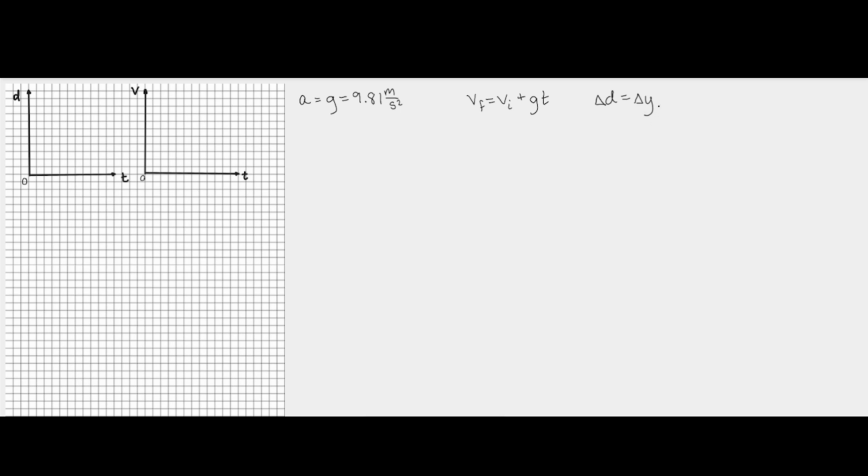And this now is equal to v initial times t, this is the rectangular component of the velocity versus time graph, plus 1/2 g t squared. Originally, this g would have been an a. So we have these two kinematic equations, and we can use them to solve motion problems.